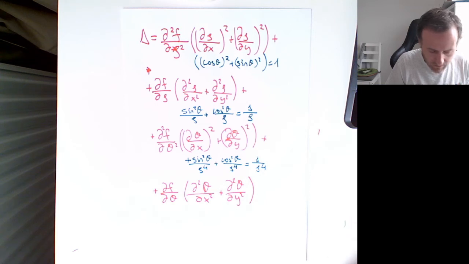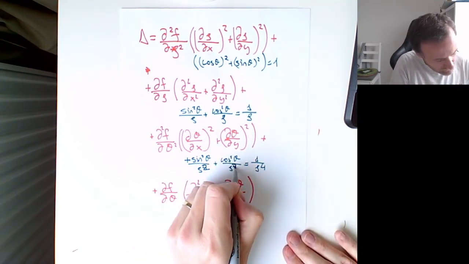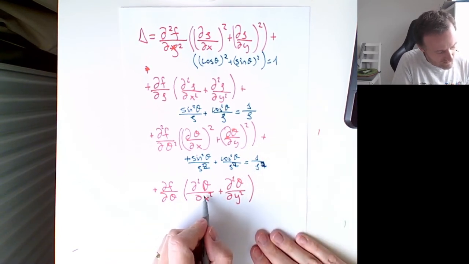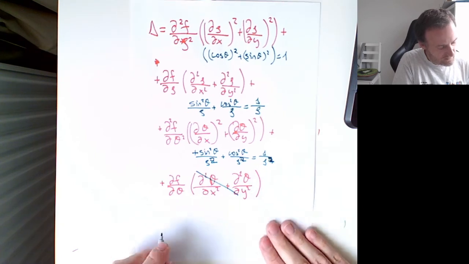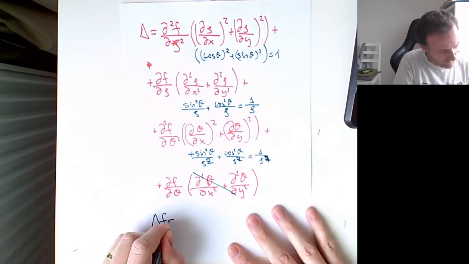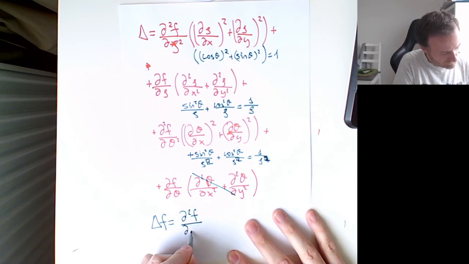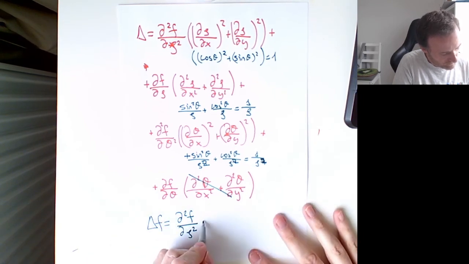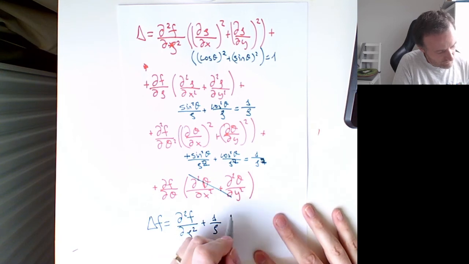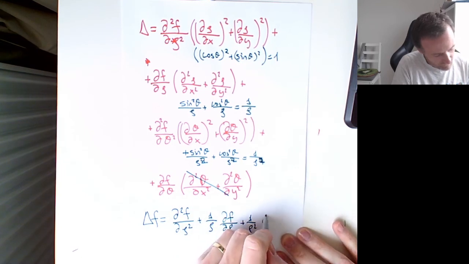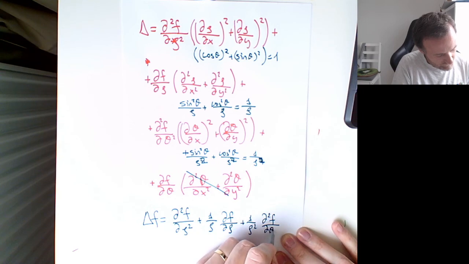No, it's 1 over rho squared. And here we saw that this is minus this, so this cancels. So the solution is this plus 1 over rho, this plus 1 over rho squared, this.